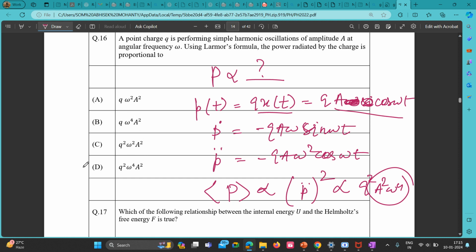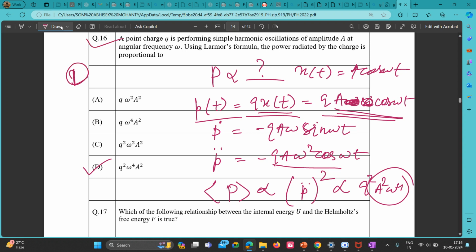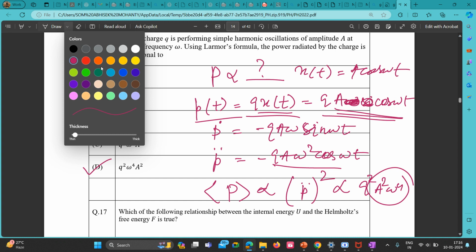Yeah, option D. Again, P of t is equal to Q x of t, x of t is A cos omega t, and then P dot is minus Q A omega sin omega t. P double dot is this much. So the power radiated is proportional to P double dot square. So this is question number 16, 1 mark.